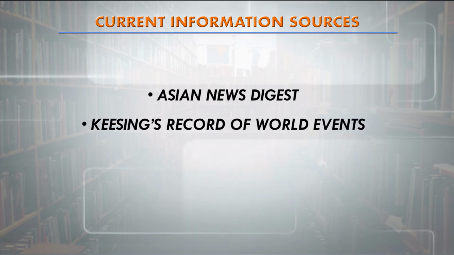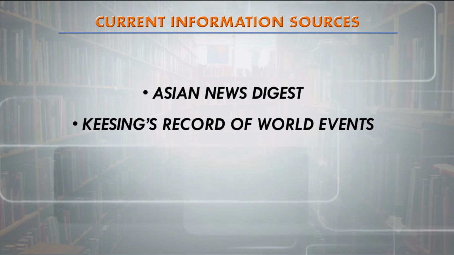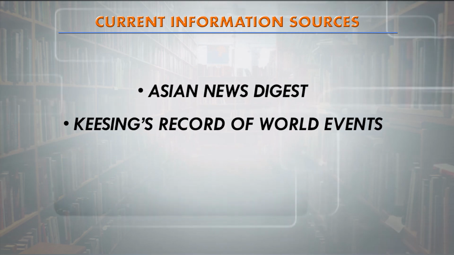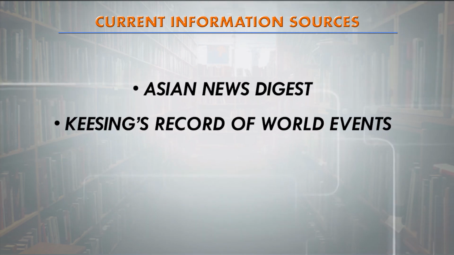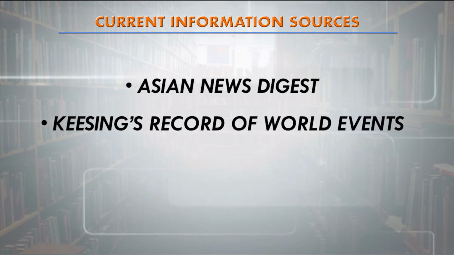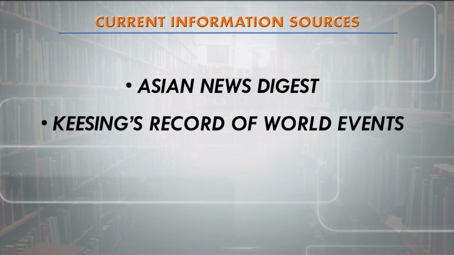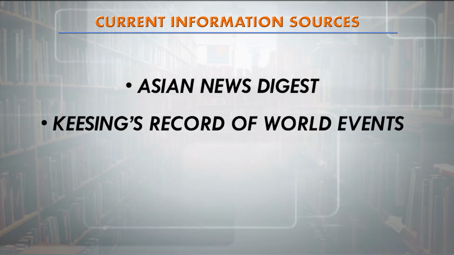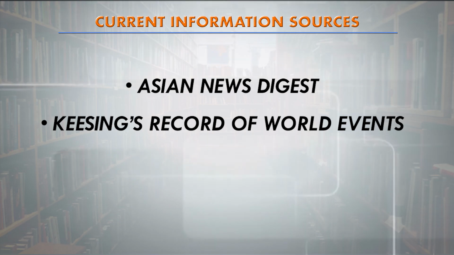Then come the current information sources. Under this category we have Asian News Digest and Keesing's Record of World Events. They provide summarized and concise information about current events.